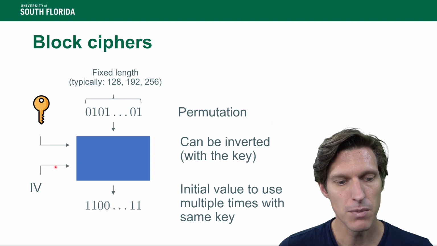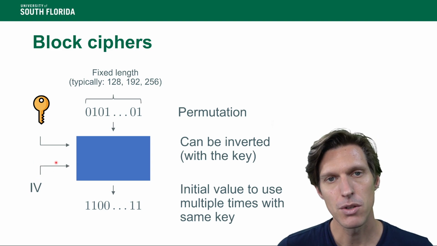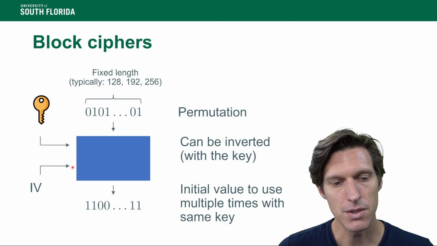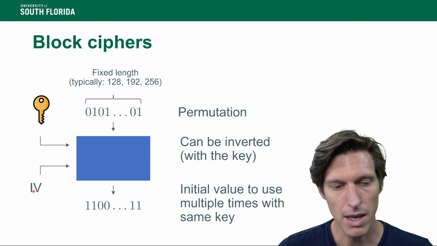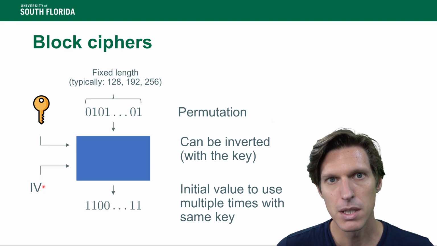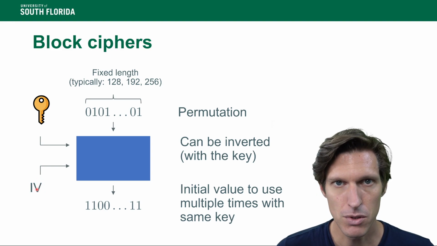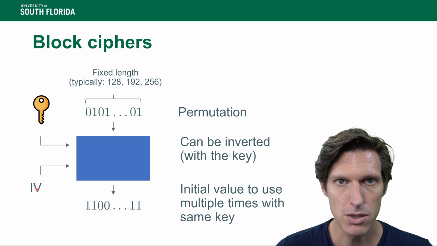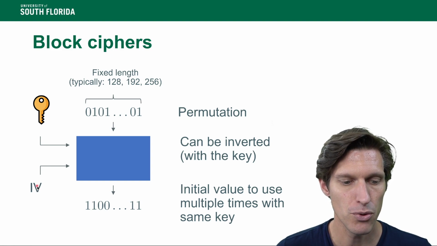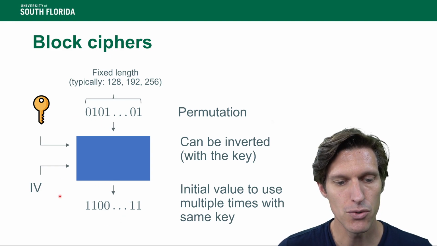So every time you want to reuse the block cipher with the same key, you need to change the IV. The IV is public and needs to be different every time you use it to encrypt a new message. Okay, so with a different IV, same key and same input, it will produce a different output.